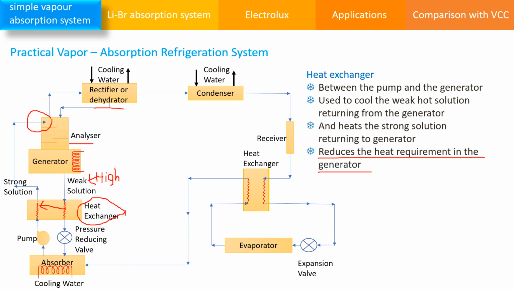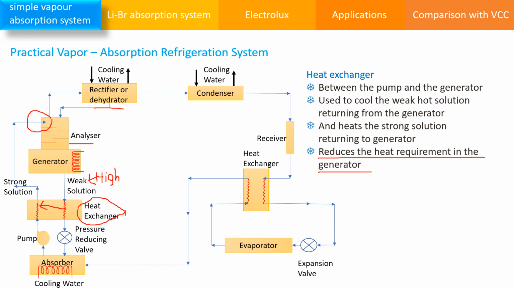So that's it. We have seen the simple vapor absorption system, the requirement of aqua ammonia or a binary solution of absorbent and refrigerant in the simple vapor absorption system, and we have covered the practical vapor absorption refrigeration system which consists of three additional components to the simple system, that is the rectifier, analyzer and heat exchanger.